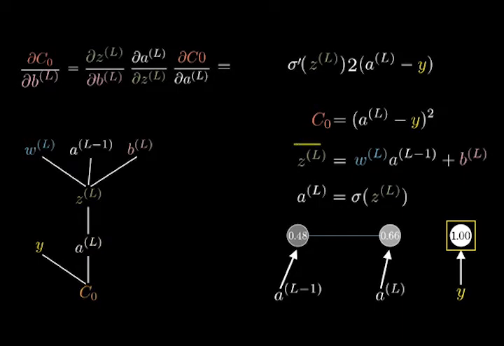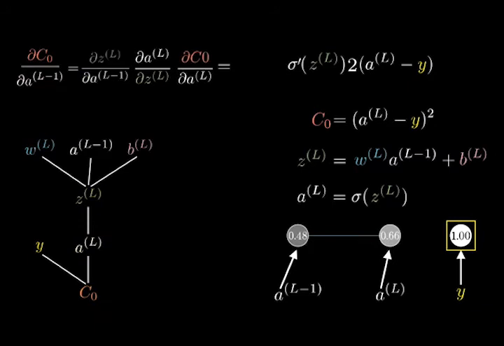And if you look at the relevant formula, that derivative comes out to be 1. Also, and this is where the idea of propagating backwards comes in, you can see how sensitive this cost function is to the activation of the previous layer.